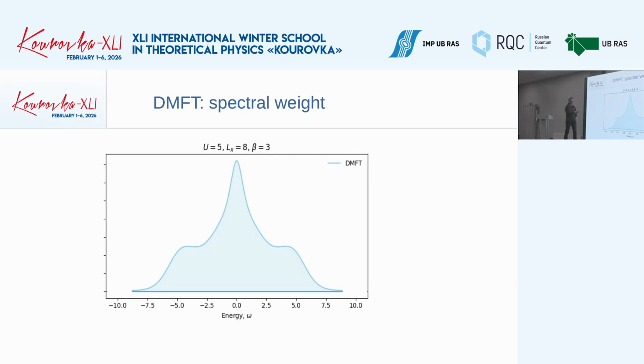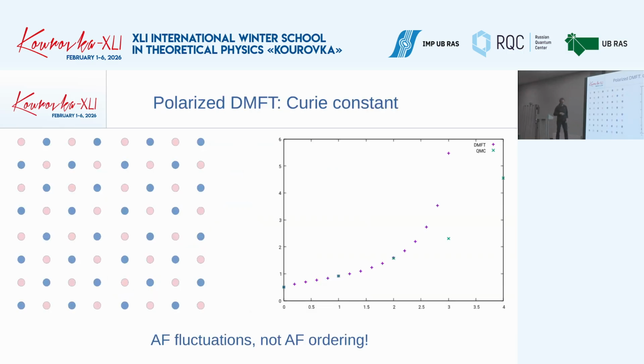And if you measure the antiferromagnetic susceptibility at this temperature, it's pretty high temperature, but beta equal 3, then the DMFT predicts that the system is basically at the edge of the phase transition.